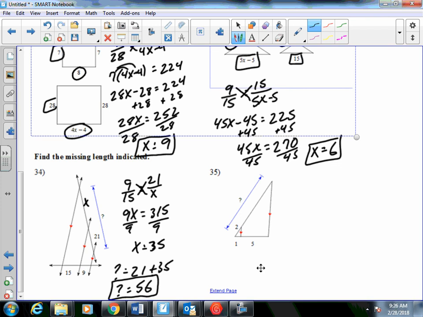So 1 compared to 5 should be equal to 2 compared to whatever this section is here, which we can call x. Cross multiply, and we get x equals 10. So that's 10. So the question mark is going to be 2 plus 10, or 12.